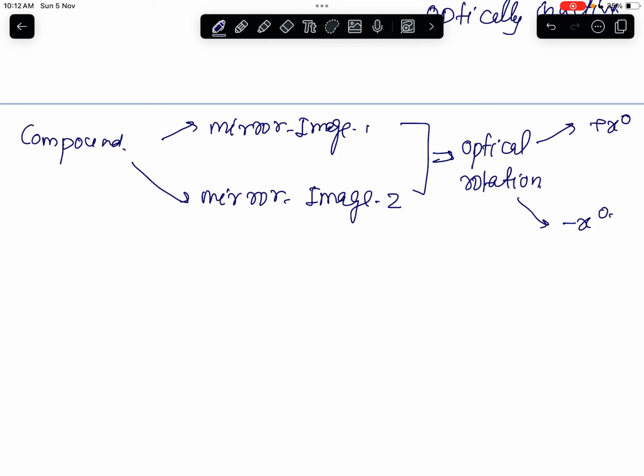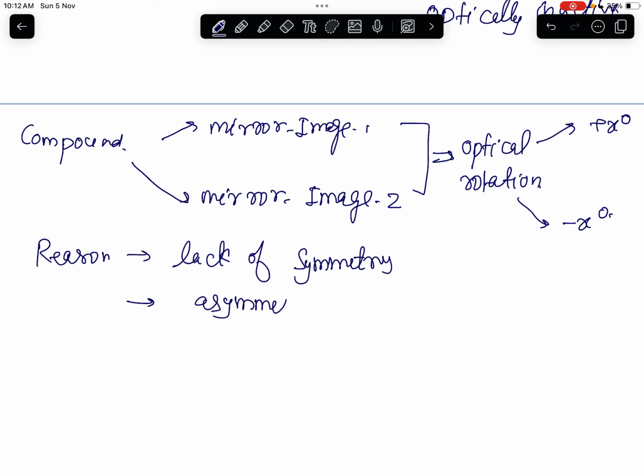Then what is the reason for that? The reason can be the lack of symmetry, or an asymmetric carbon acting as a stereocenter.